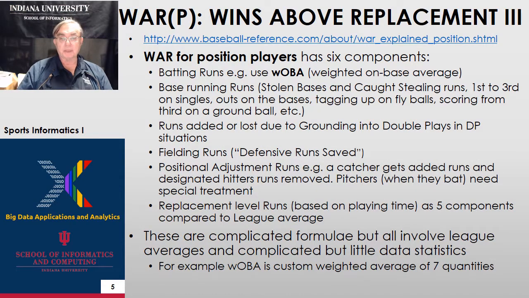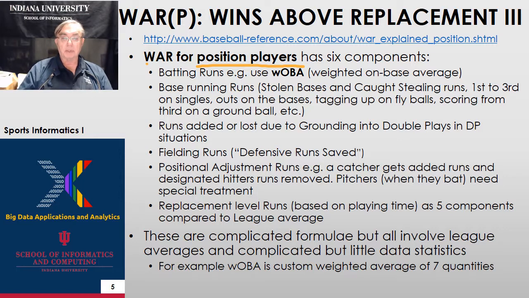All right. So you have WAR for different types of players. WAR for catchers, pitchers, and batters is different. So here we're doing position players, which are batters, at least not designated hitters, just people who field. You have to calculate WAR from 6 components.